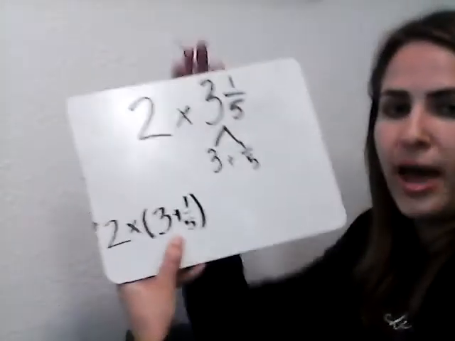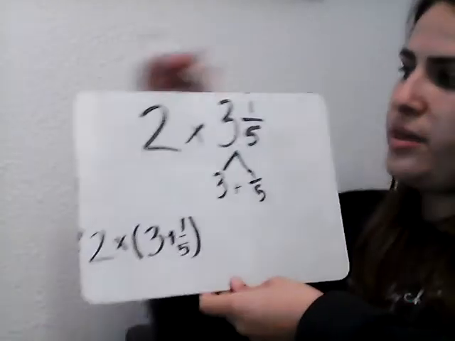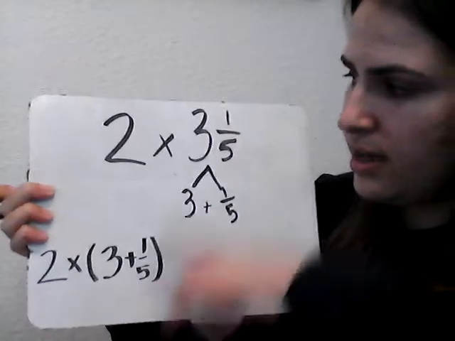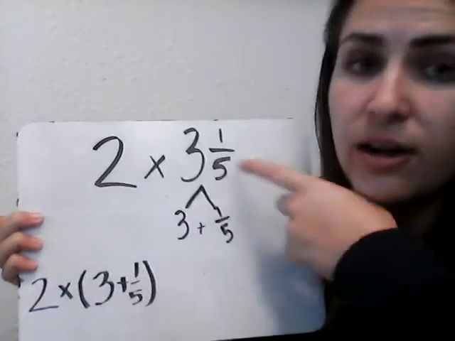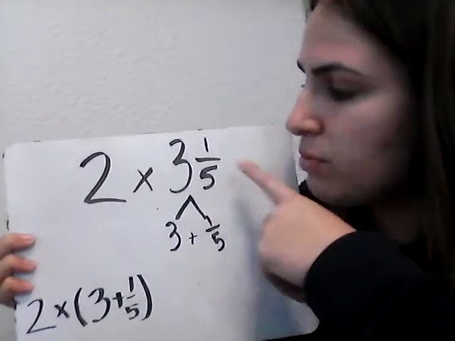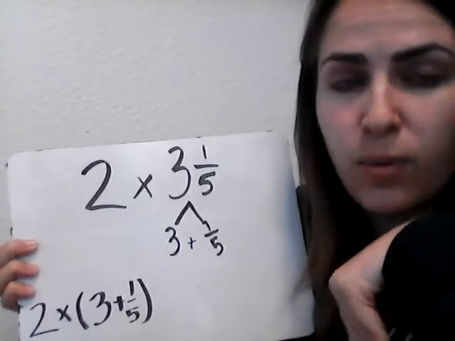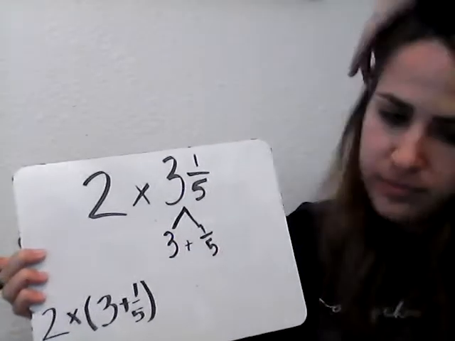Okay. So this multiplication sentence and this multiplication sentence, they're equivalent. They are the same. We just broke up 3 1/5 into its parts, its ones and its fifths.